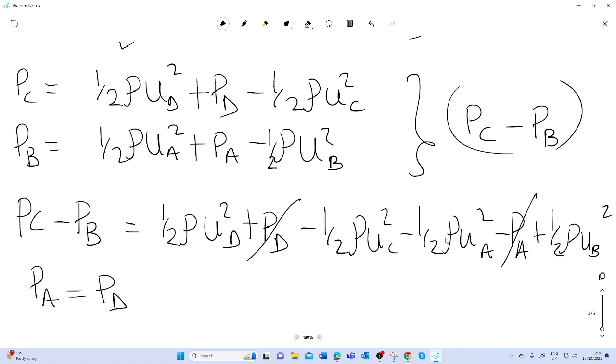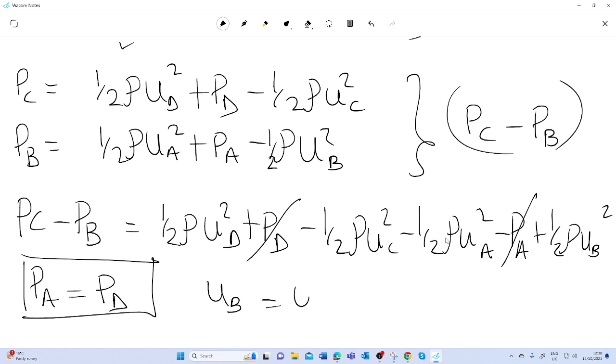And we know that UB, from our previously established equation, equals UC.